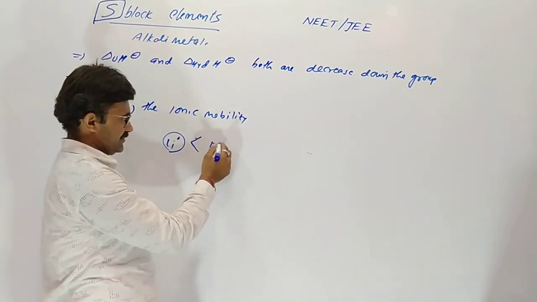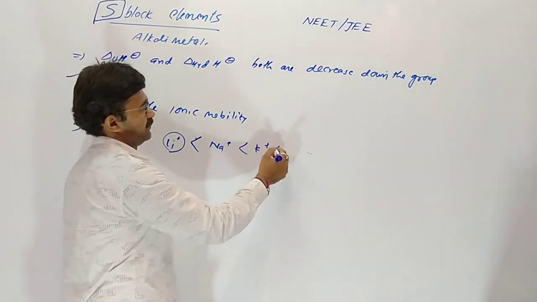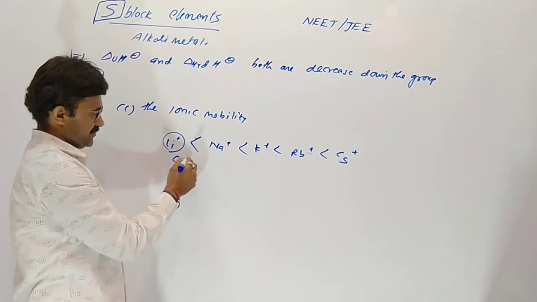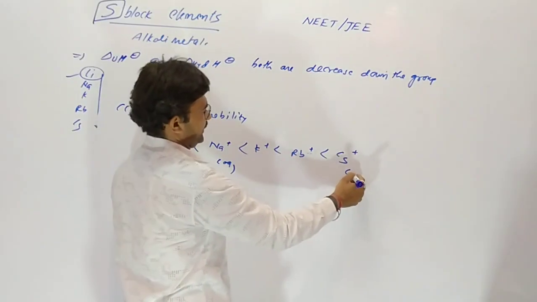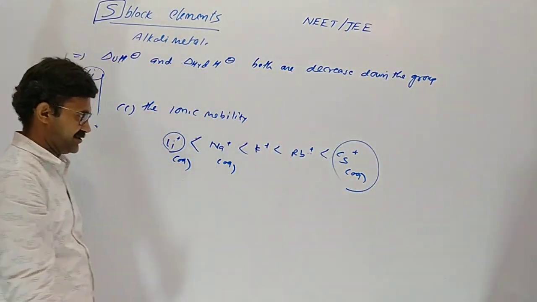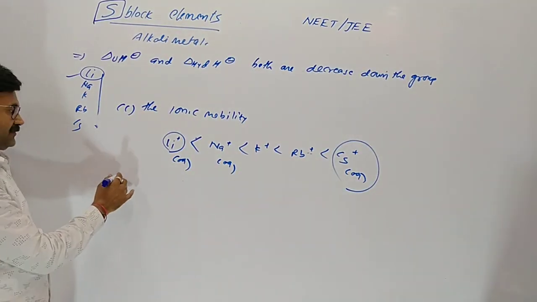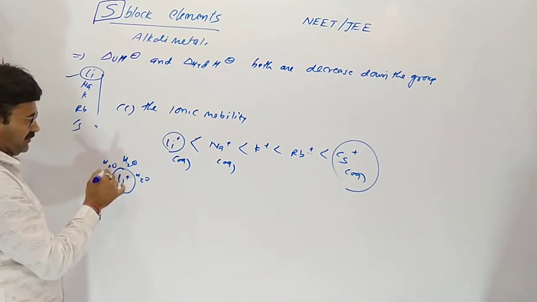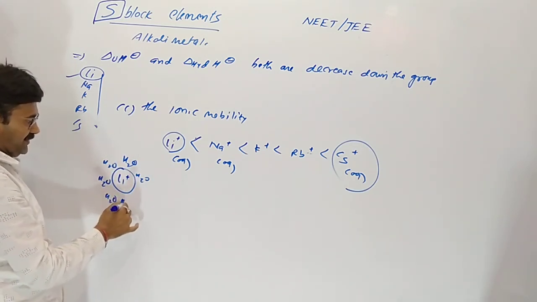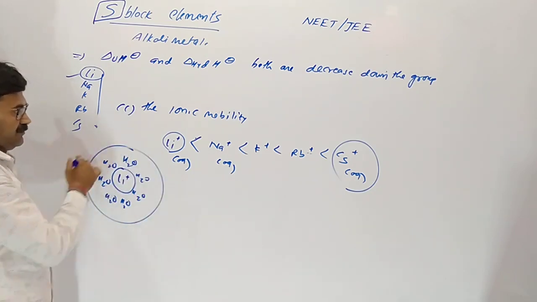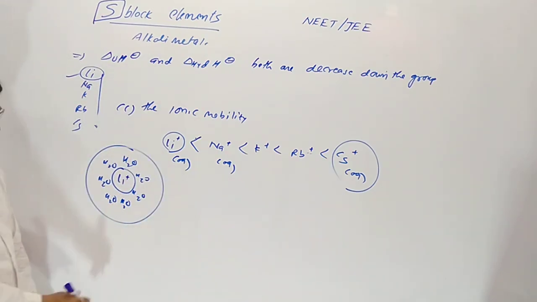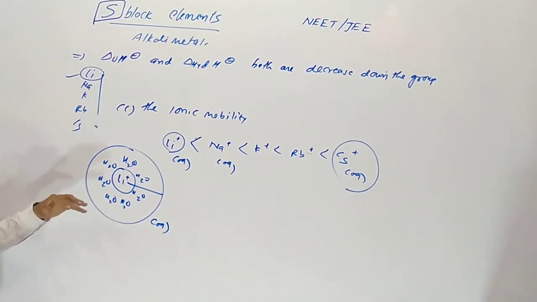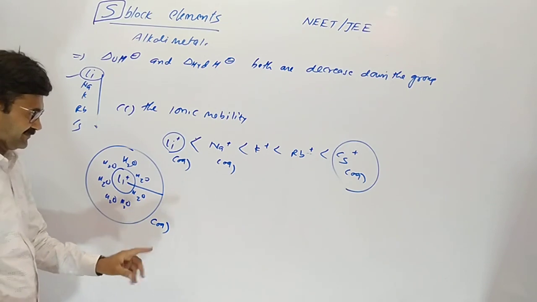It is lowest, then sodium, potassium, rubidium and cesium. In aqueous solution, the movement of cesium ion is highest. Why? Lithium is very small in size and has great attraction toward water, so it is surrounded by many water molecules. So the aqueous radius of lithium is very high, and movement in the liquid is less.